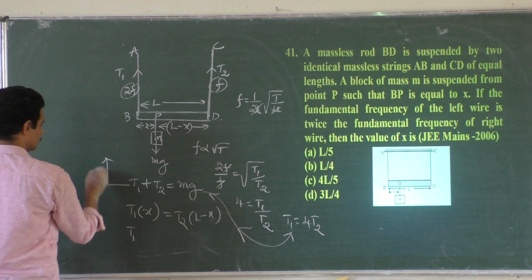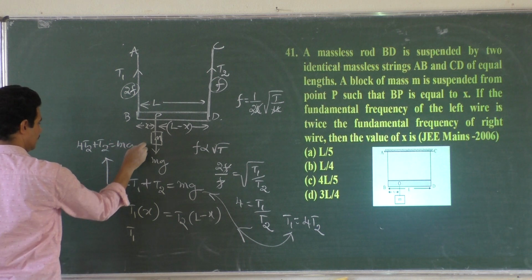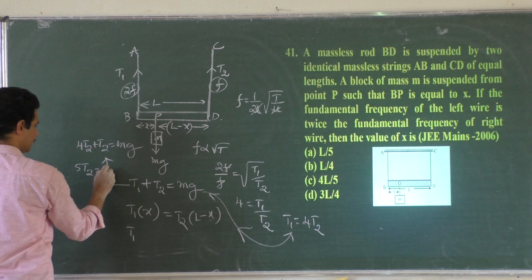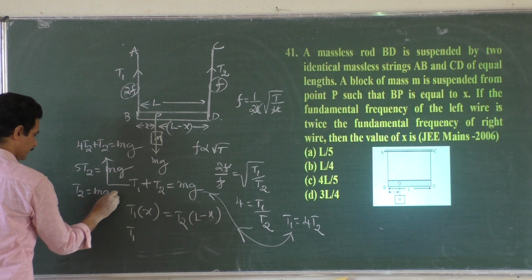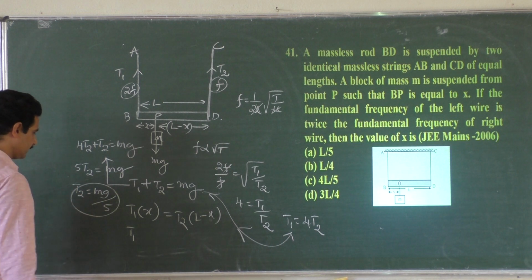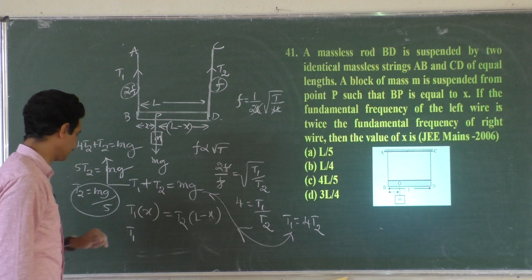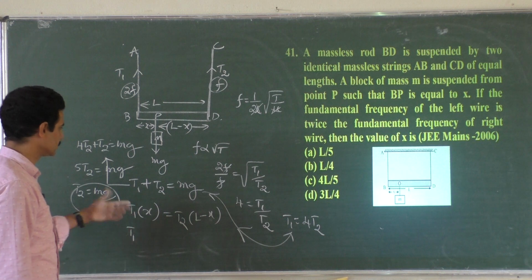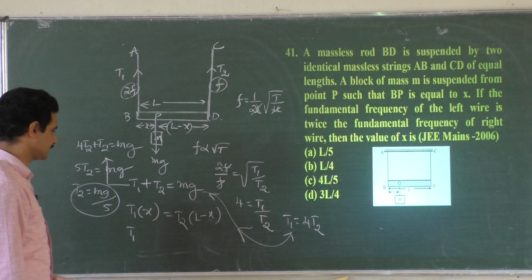T1 is 4T2, so 4T2 plus T2 is equal to mg. 5T2 is equal to mg. What is T2? T2 is equal to mg by 5. T1 is equal to 4mg by 5.